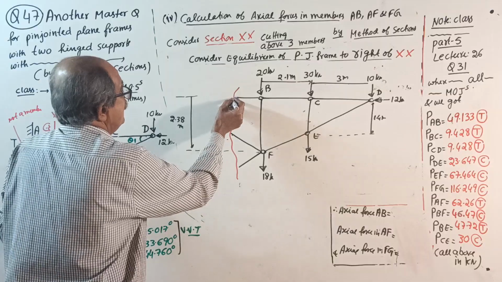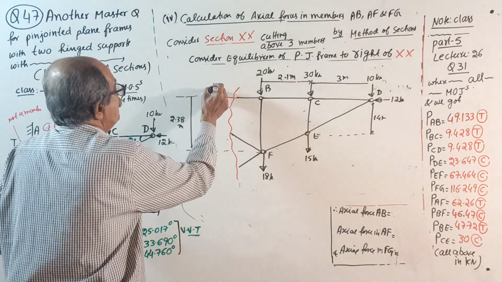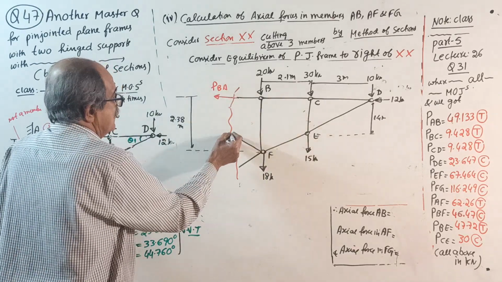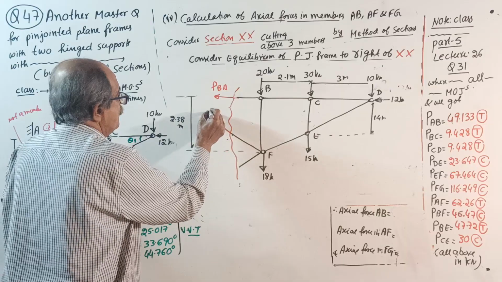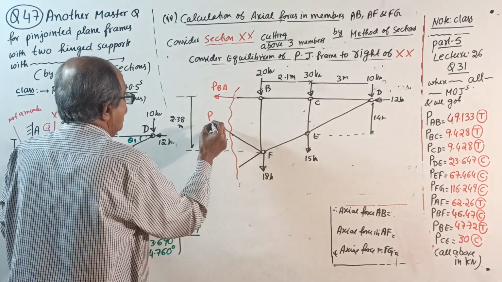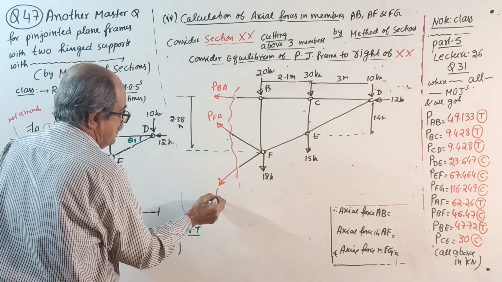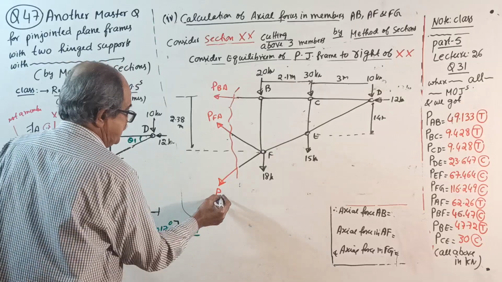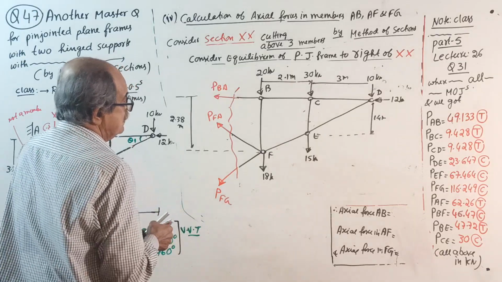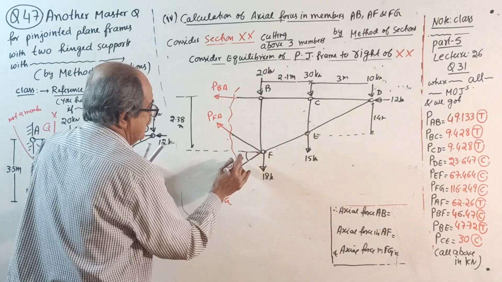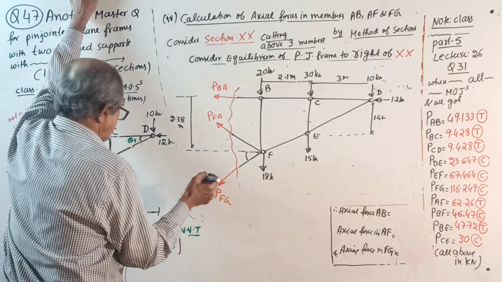This is P_BA, P_FA, P_FG. Now, for this inclined member, this angle is this angle.